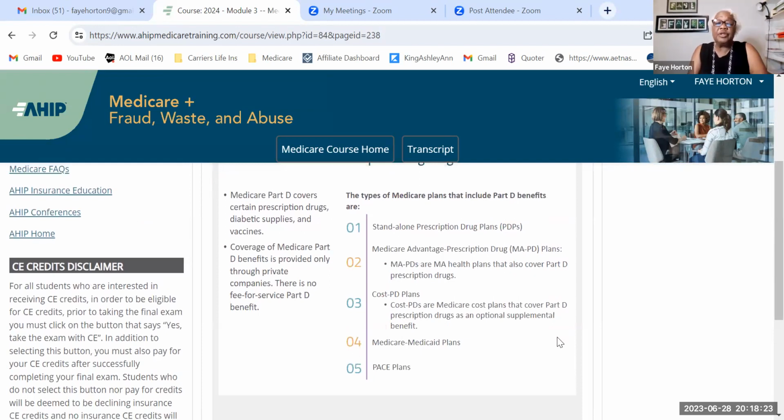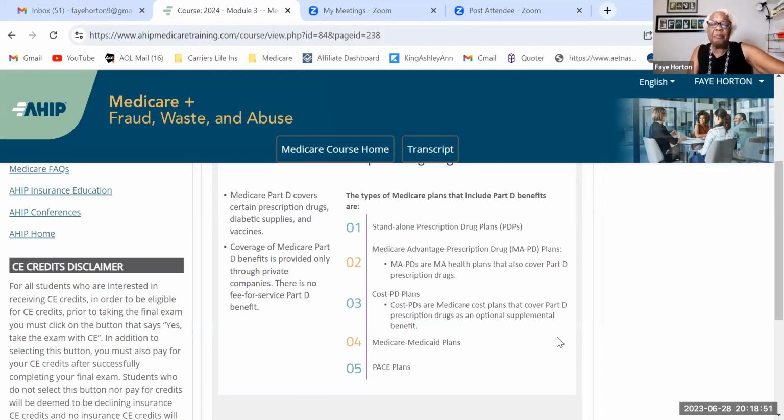Medicare Part D covers certain prescription drugs, diabetic supplies, and vaccines. Coverage of Medicare Part D benefits is provided only through private companies. There is no fee-for-service Part D benefit. Standalone prescription drug plans, or PDPs, and Medicare Advantage plans with prescription drugs, called MAPDs.